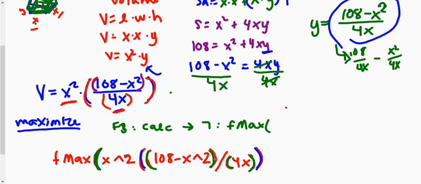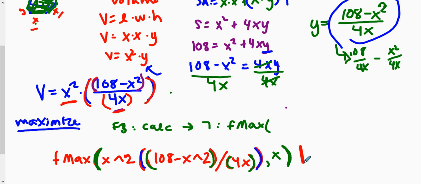Because remember, when typing into the calculator, we need to say which variable we're taking the derivative of, comma x. Because the calculator is only a computer, and it only tells you what you need it to do. It also doesn't know that x needs to be positive. We know that because we cannot have negative measurements, and we cannot have a 0 measurement.